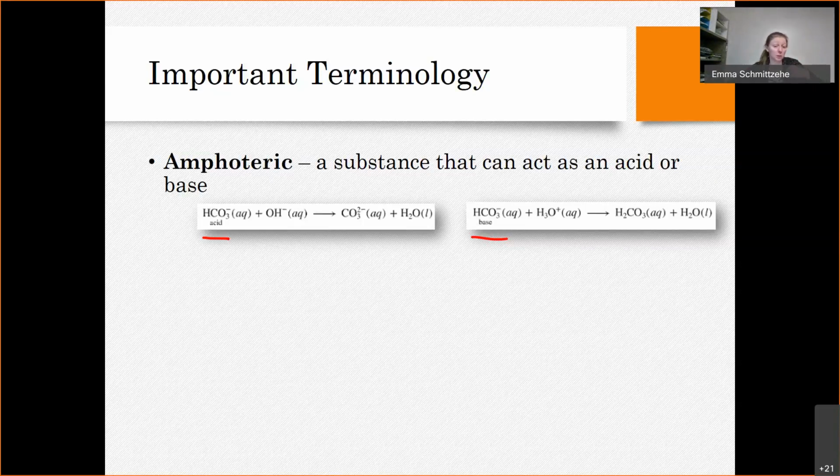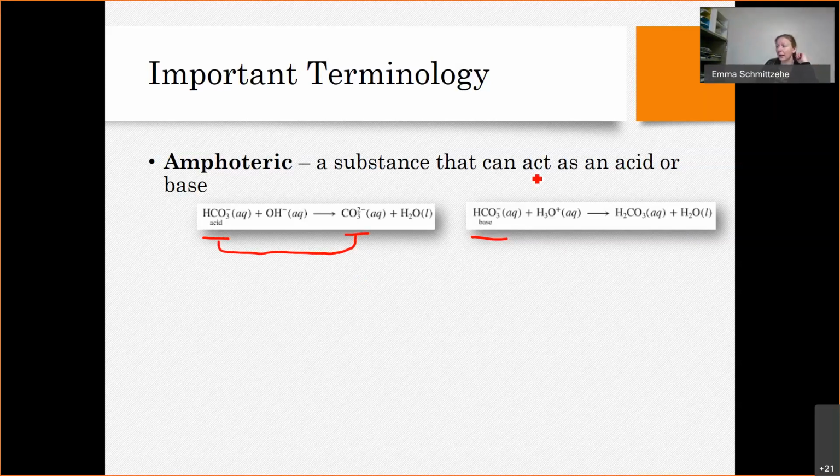It doesn't mean it's always going to be donated, but in this case it is, because from the left-hand side to the right-hand side, HCO3 minus becomes CO3 2 minus. It actually is donating that proton. It lost an H plus and becomes CO3 2 minus.